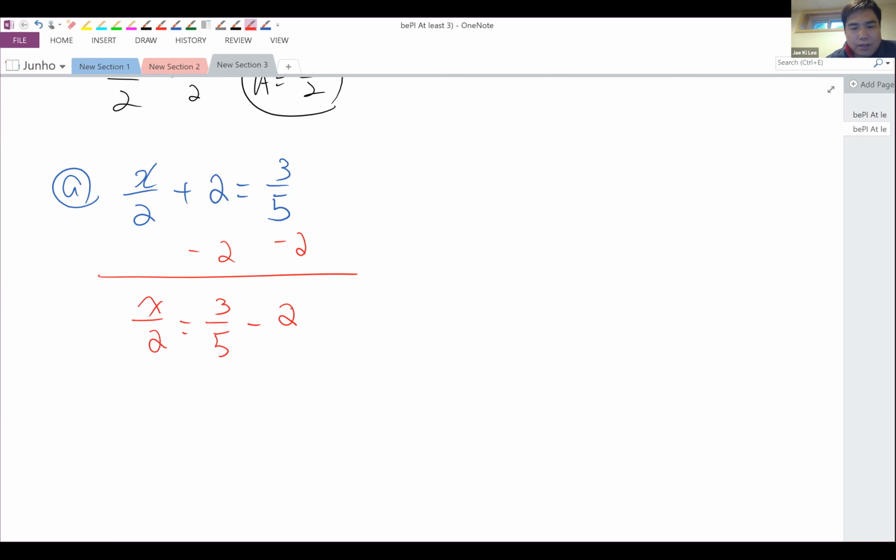Okay, so anyway, in this case, Hades, what's the common denominator for these two fractions? 10. 10? Yeah. Okay, so we are finding a common denominator for everything. Then this becomes, keep going.